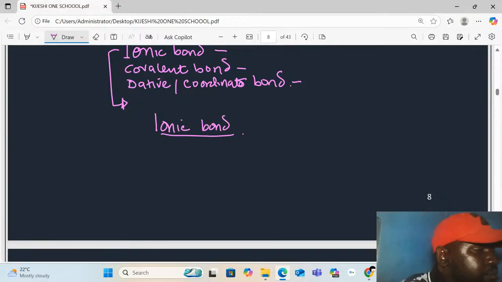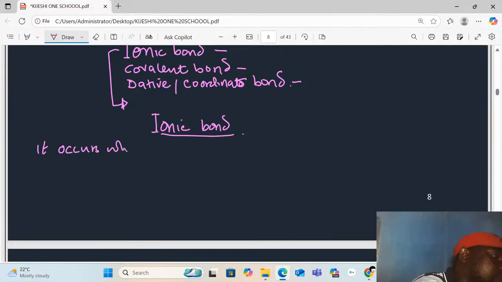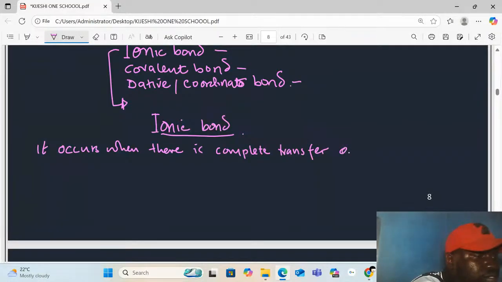When does an ionic bond occur? It occurs when there is complete transfer of electrons.